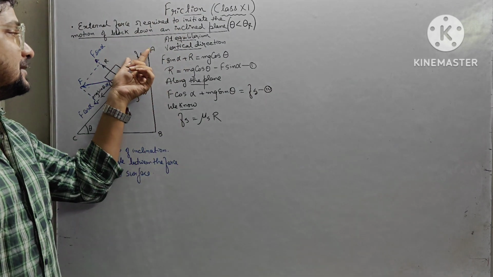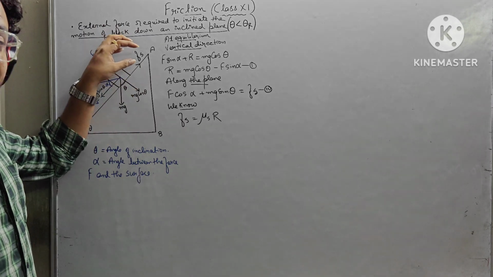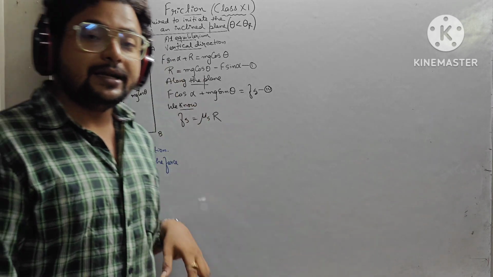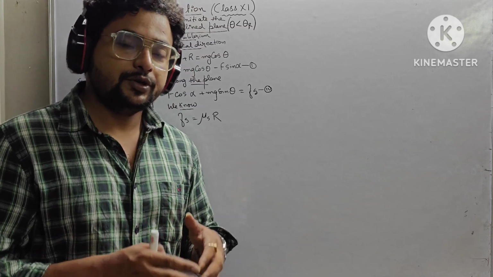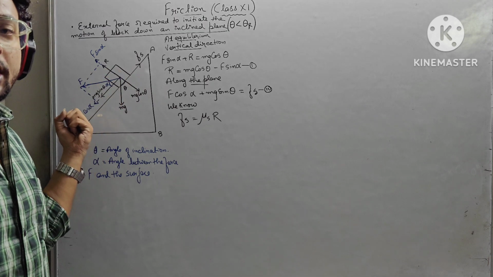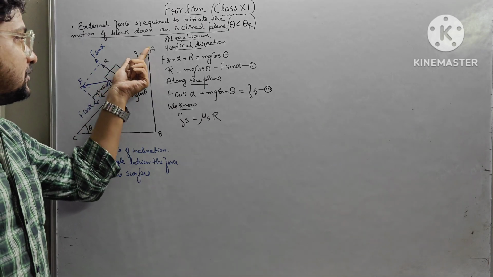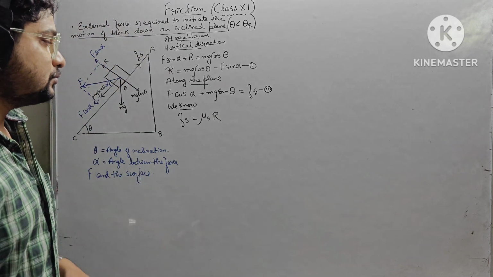So the friction that is acting now is the maximum value of friction, because after this moment the block will start to come down.